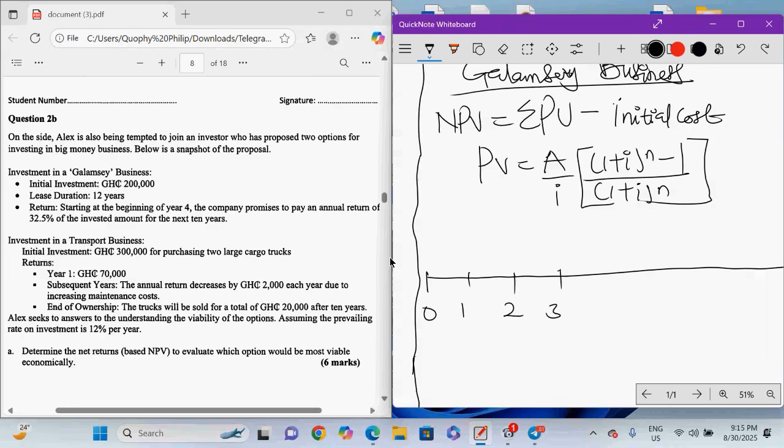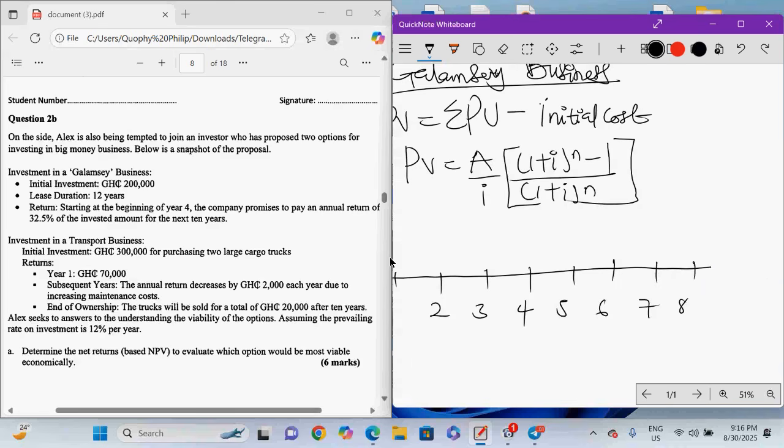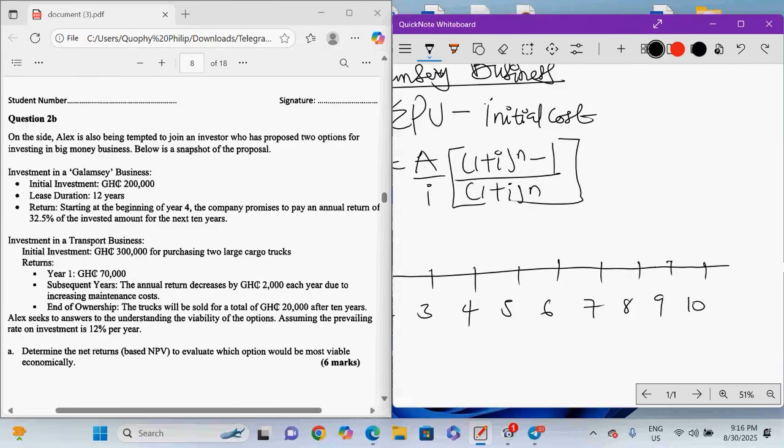So year 3, year 4, year 5, year 6, year 7, year 8, year 9, year 10, year 11, and then finally year 12, right?